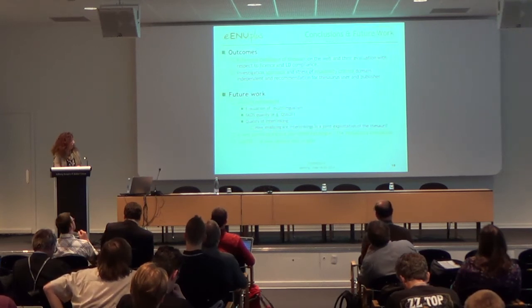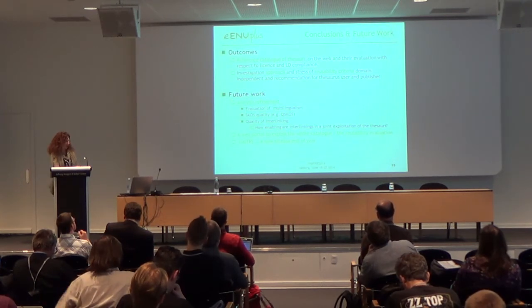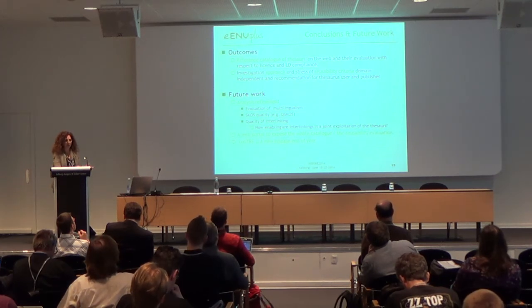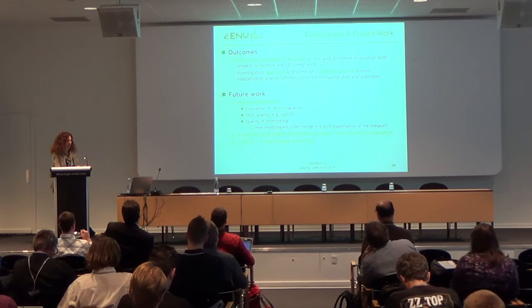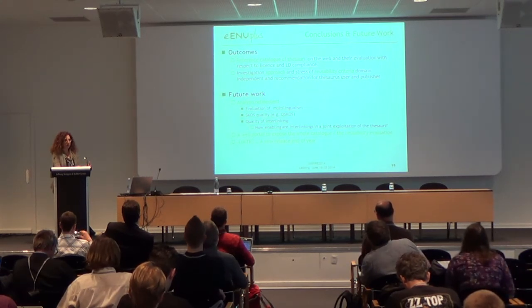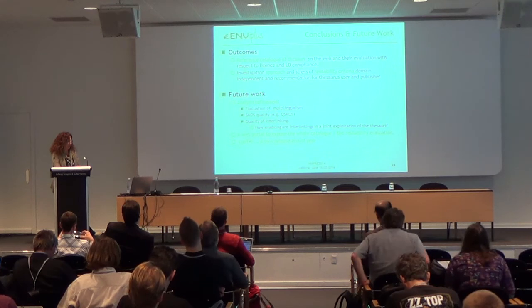So, conclusion: we have a reference catalog that is a live catalog. It is not exhaustive of all terminology for the environment, but it is what we are able to collect until now. And if there are any suggestions, they are welcome.